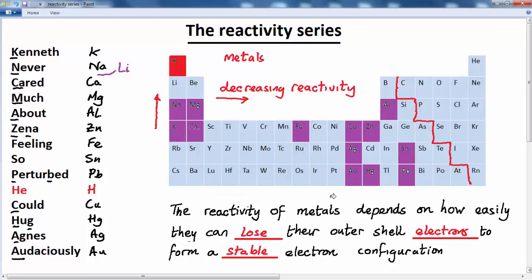In the next few lessons, we're going to look at how the reactivity series helps us to predict how these metals will react with, for example, water, acids and oxygen. We'll also learn how we can use it to determine how to extract metals from their ores, for example, and whether one element can displace another element from its aqueous salt solution.